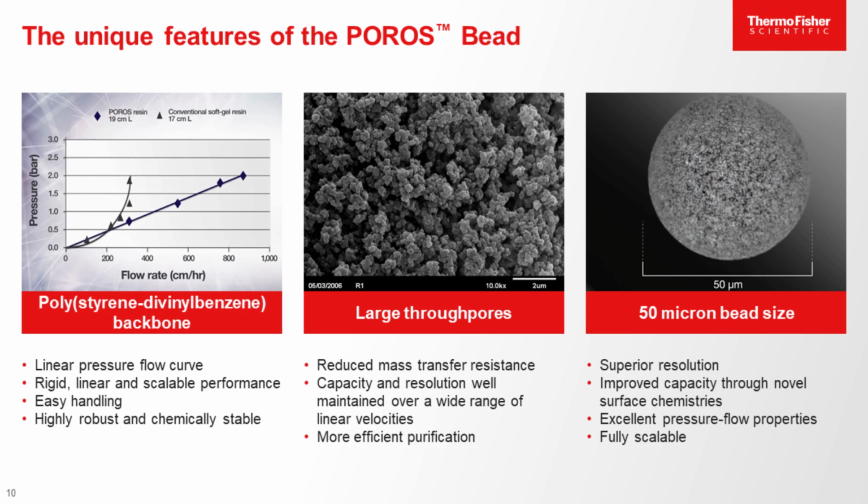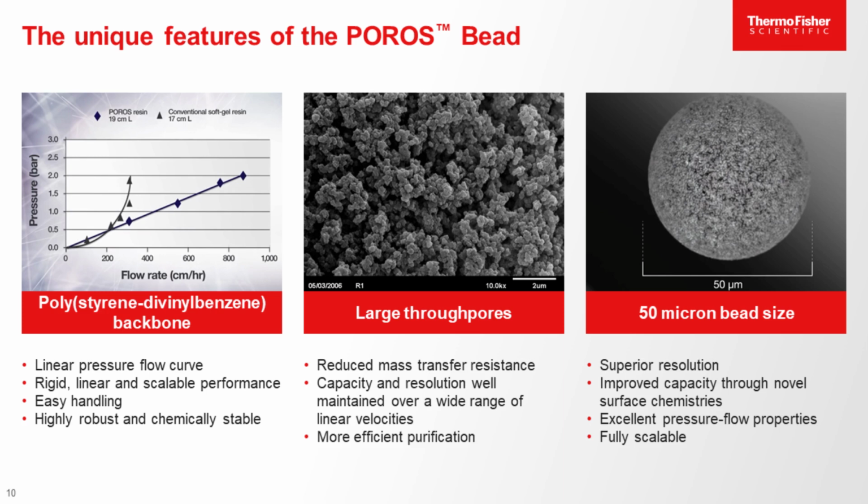As I mentioned in the previous slide, our ODT resin is on our unique porose bead, which has 3 main attributes that differentiate it from other chromatography resins. The first is that the bead is made out of a polystyrene divinyl benzene material that will result in stable column beds with linear and scalable pressure. This enables the operation of a high linear flow rate with modest pressure drops.